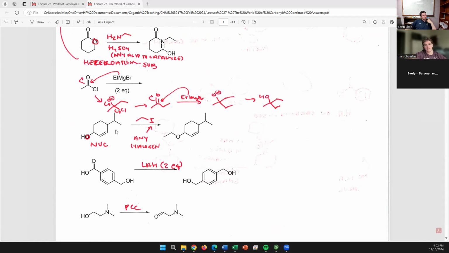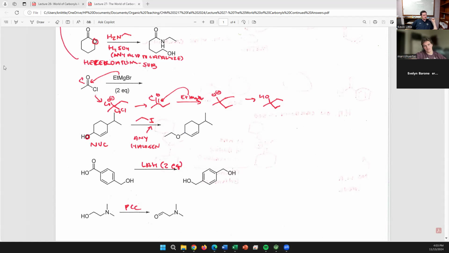All right, so this was me throwing in a substitution reaction. In all of these reactions, I'm adding to a carbonyl carbon, but now I'm building off of this oxygen. And if this oxygen is going to be a partner in a reaction, it's got to be a nucleophile.